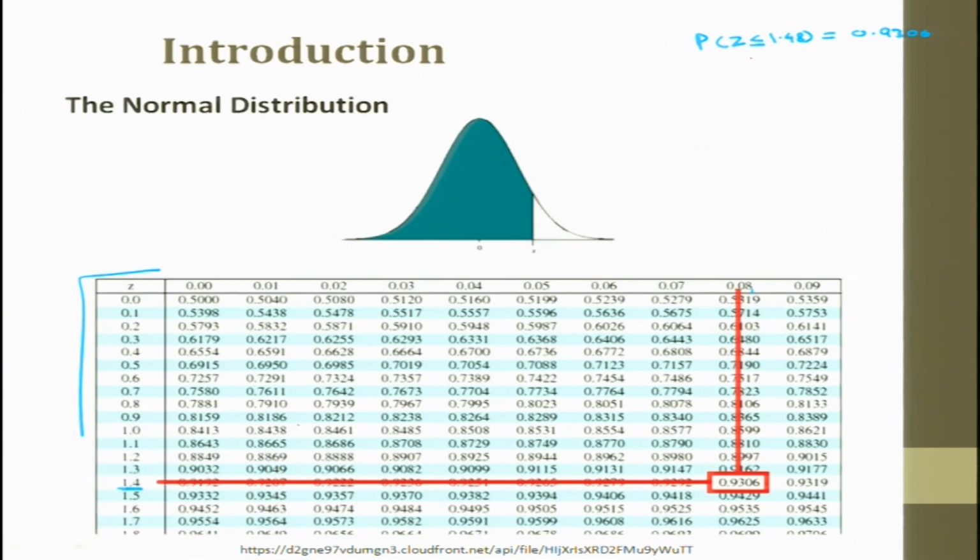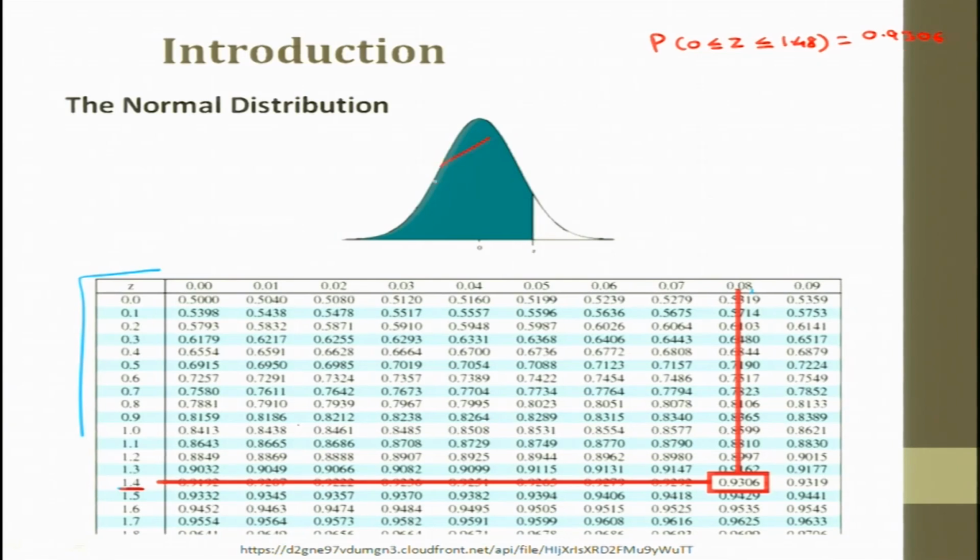Okay. Actually, if I write it, so here the probability 0 is less than equal to z is less than equal to 1.48. You can see 1.4 here and 0.08 here. This is equal to 0.9306.